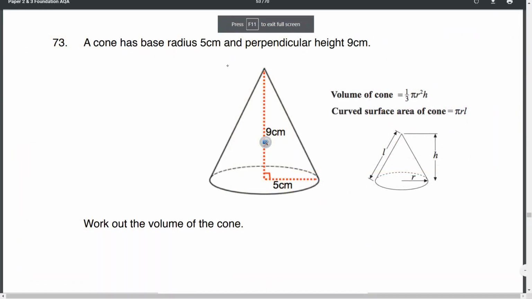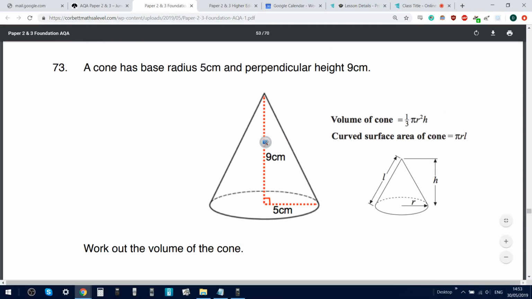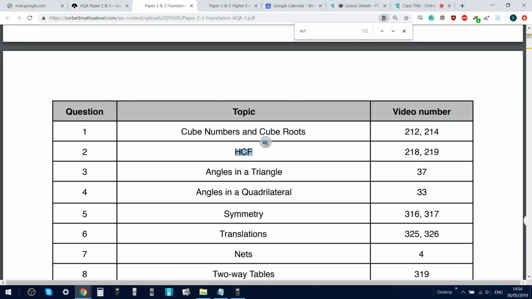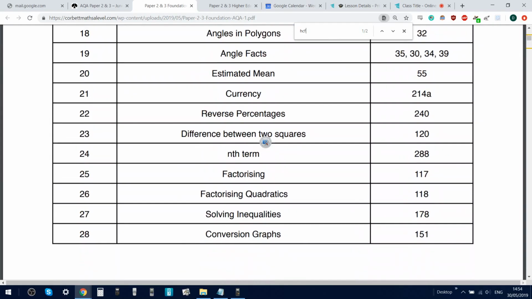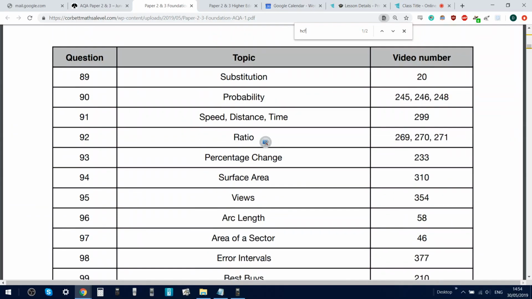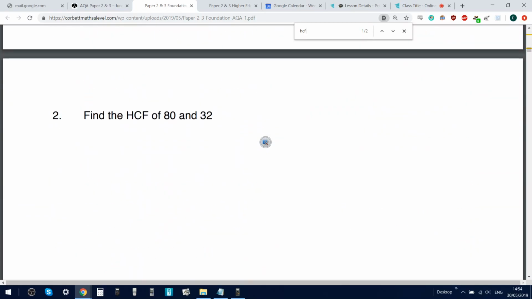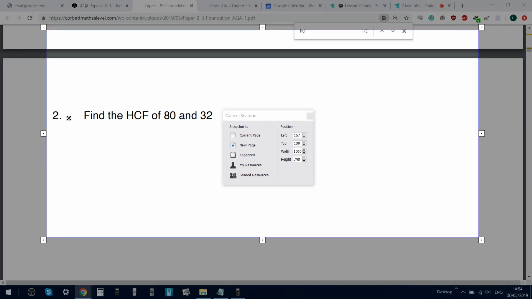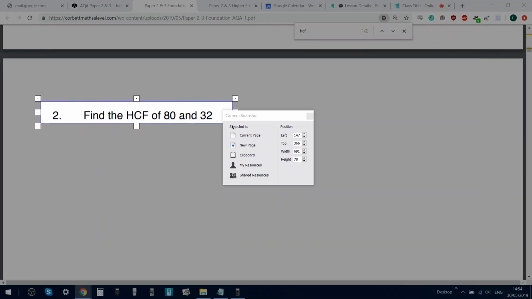So let's take a look. Hang on, highest common factor. Do you know what it was you weren't sure about? Yeah. So basically, it said work out the common multiple. I'll find the question. I've got it in front of me actually.